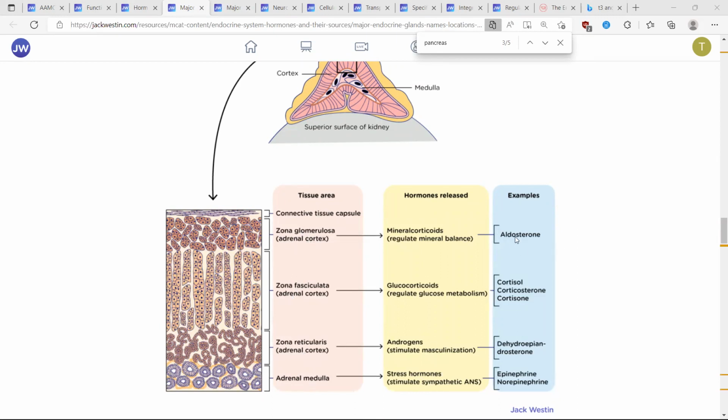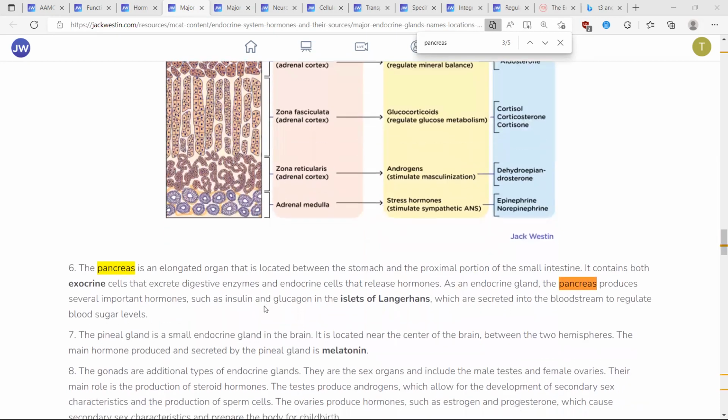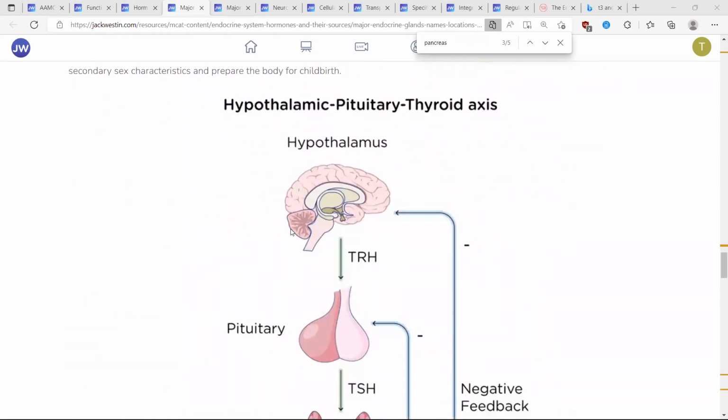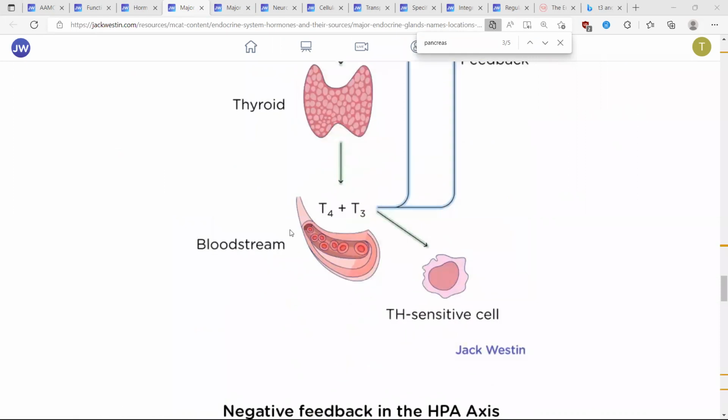Remember, we said the cortex produces aldosterone and cortisol, but these different zones produce different things. I don't remember if this is in scope or not. Oh, the pancreas, we didn't talk about the pancreas. Okay, let me talk about the pancreas and then we'll talk about aldosterone.